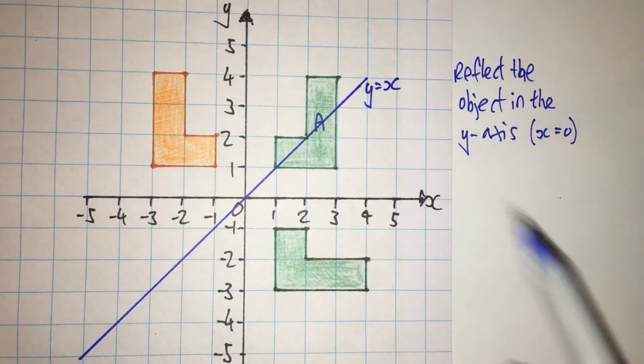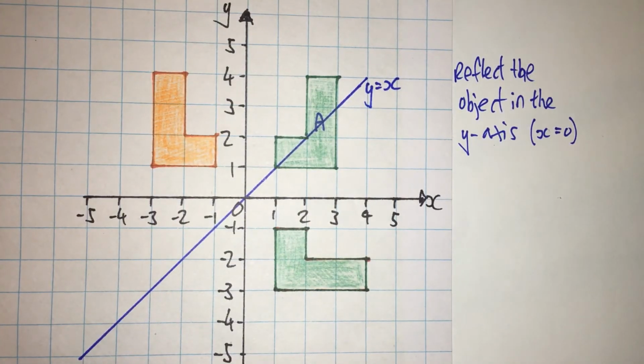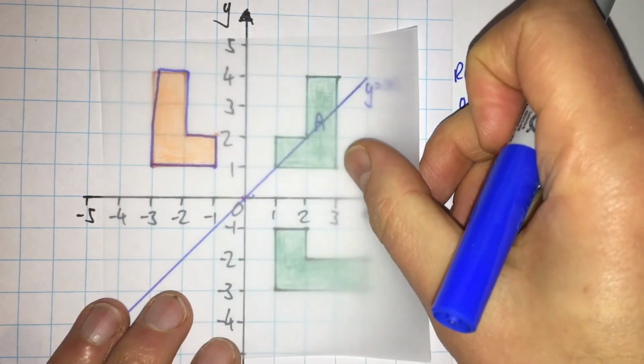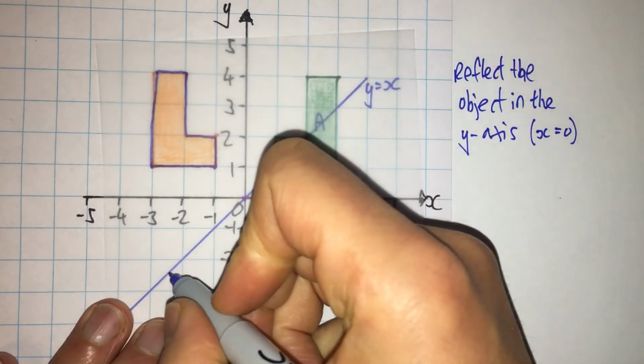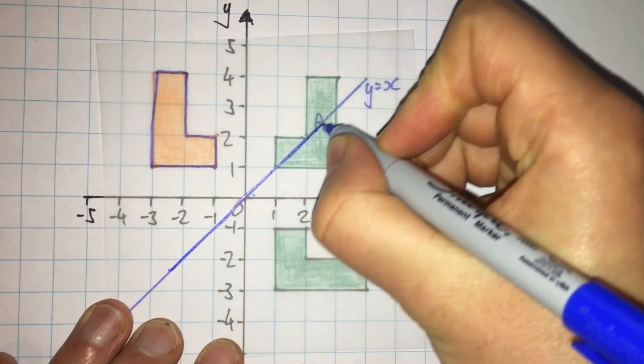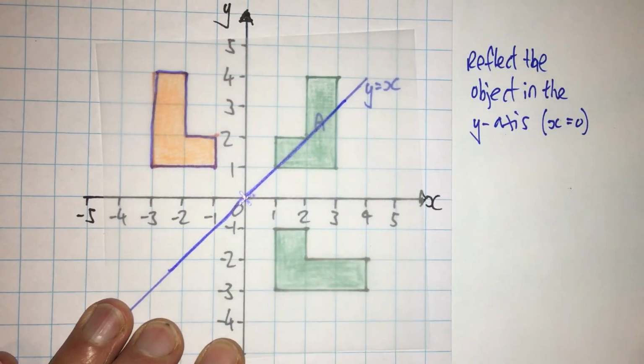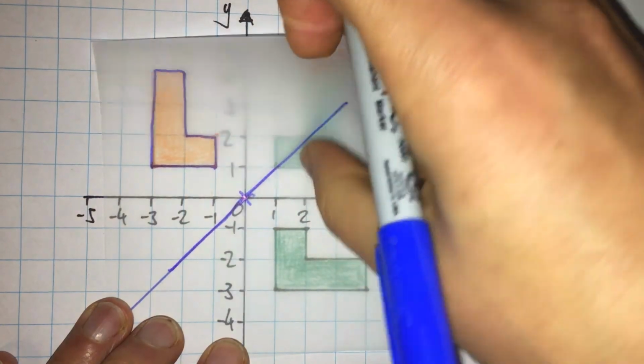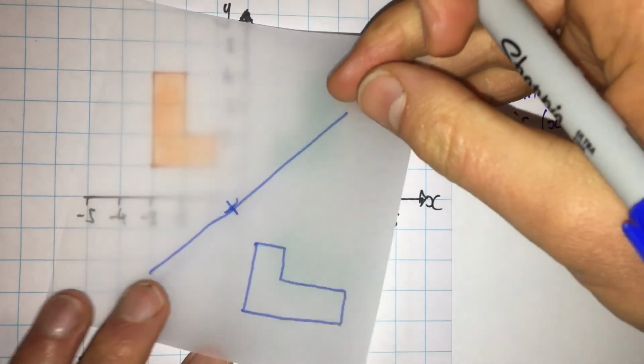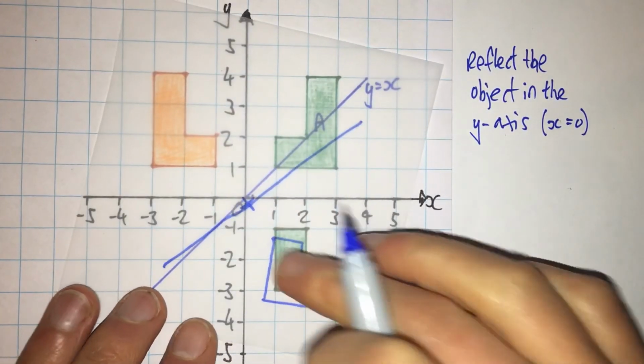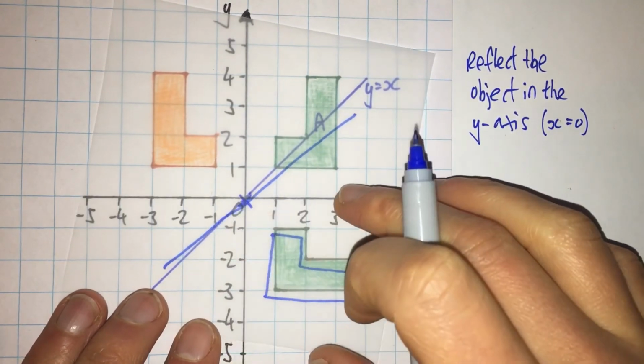Looking at this mirror line here, we've already traced our shape. We also need to trace the mirror line and put a point of reference. And I'm going to use the origin as my point of reference. And now when I turn the sheet over, I can line up my mirror line with the origin there.